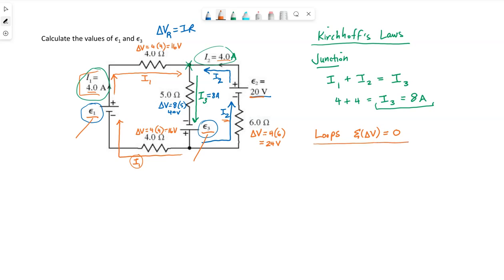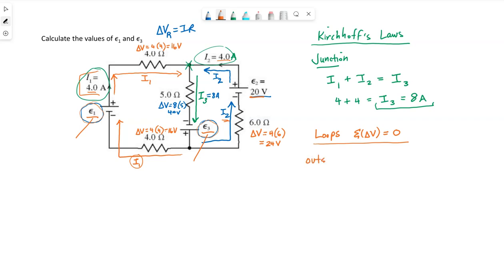Now, I know I have 2 unknown batteries here. What I'd like to do first is look at a loop that includes only one of the batteries. So, meaning I either want to look at the right-hand loop or the whole outside perimeter. Or both, because they would include different batteries.